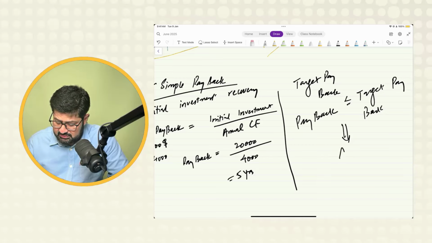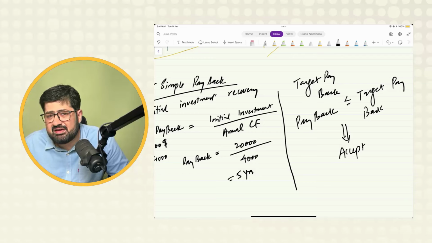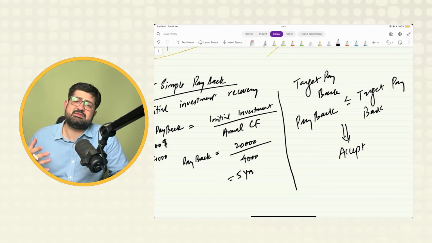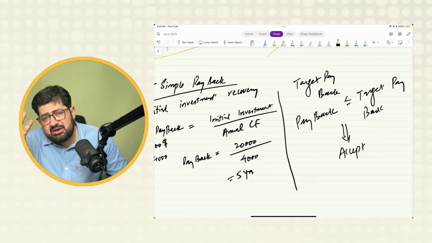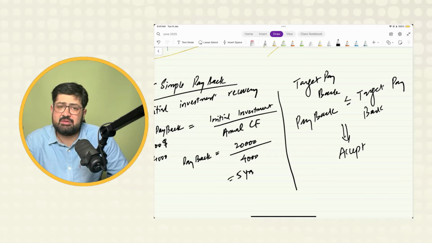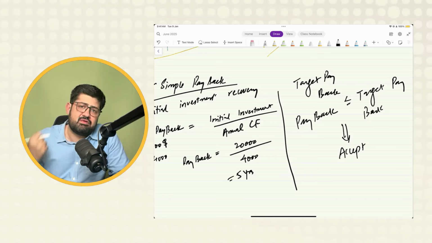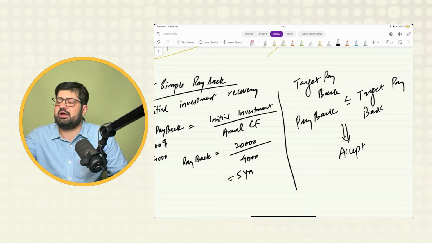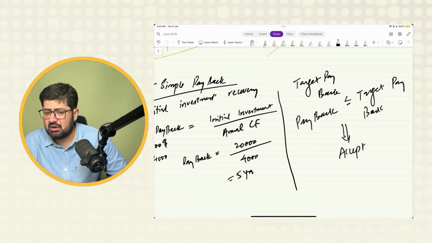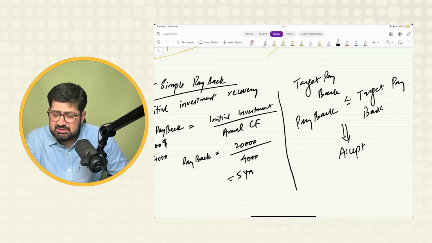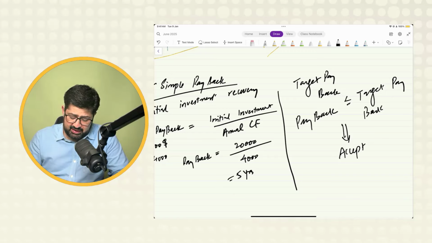Because the investor wants recovery of investment within the planned time frame. Even sometimes, for the sake of returning the loan to the bank, we need to know how much time it will take to withdraw our money from the project and return it to the bank or make it available for further investment. So that's why payback.